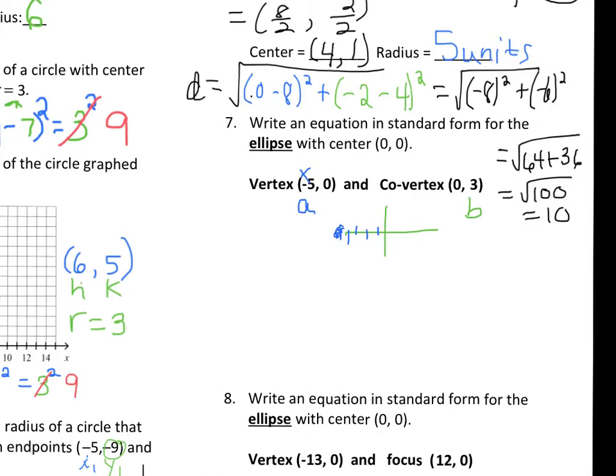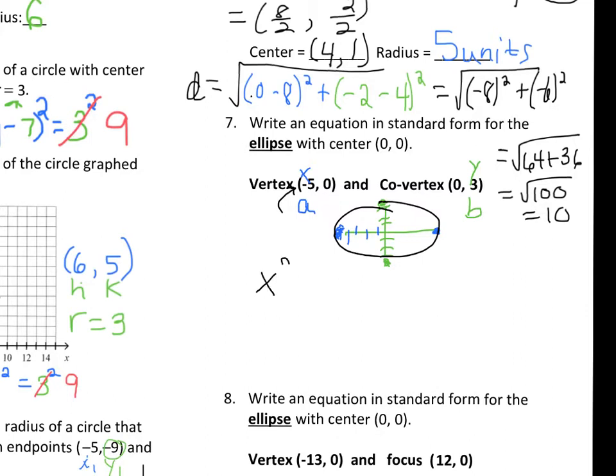It's centered at 0, 0, so that means it's at -5 and +5. And then the covertex is 3 up. See how that's in the y position? And -3 down. If you just make a quick drawing of that, you can see this is a horizontal ellipse. Or you could tell because the A is the bigger number and the A is in the x spot.